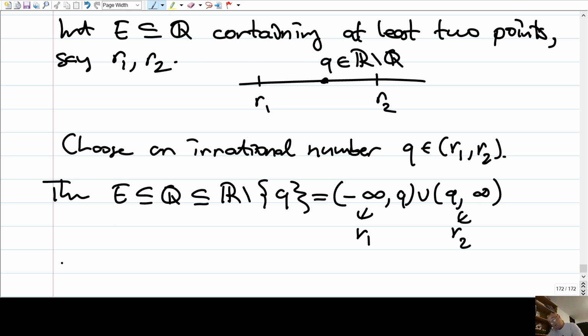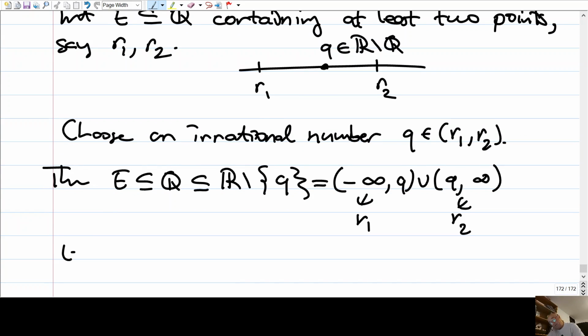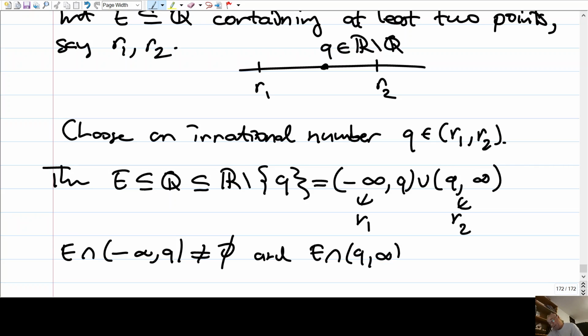In other words, the intersection of E with this set is not empty, and the intersection of E with the other set is not empty.